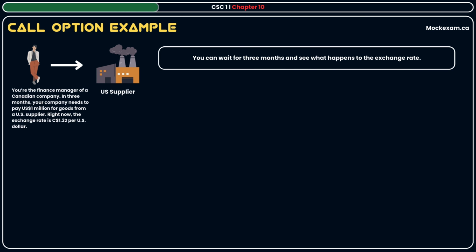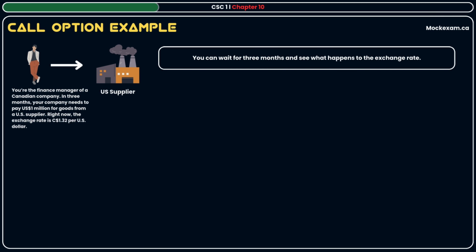So instead of the current rate of 1.32, where you have to pay 1,320,000 Canadian dollars to the US supplier, if you wait and do nothing, and the exchange rate goes down to 1.2, you have to pay $1,200,000. But what if the exchange rate goes up to 1.4? What do you want to do as a finance manager?